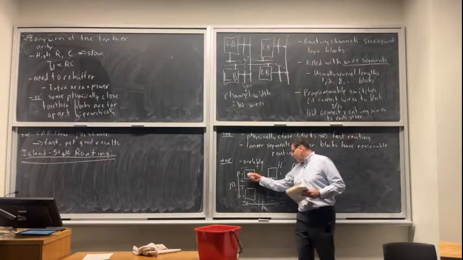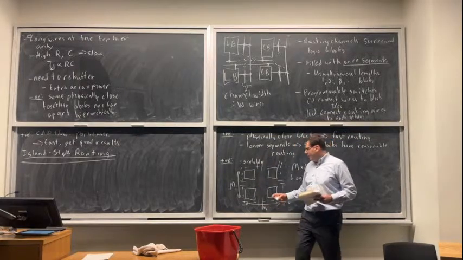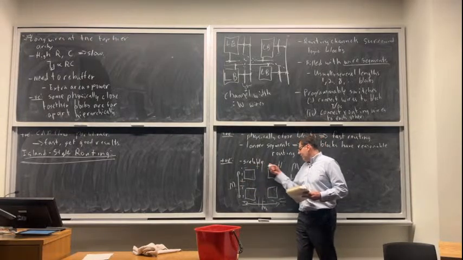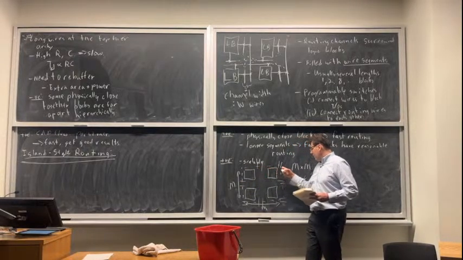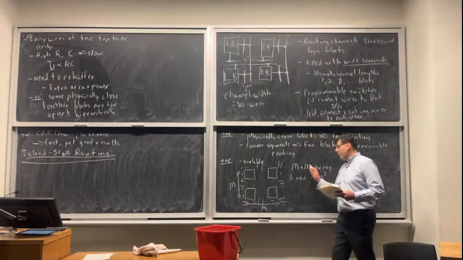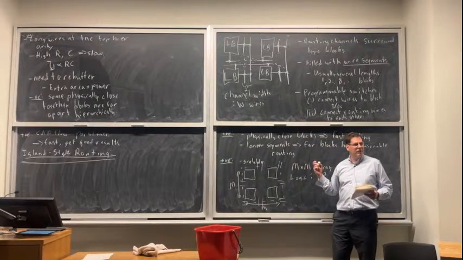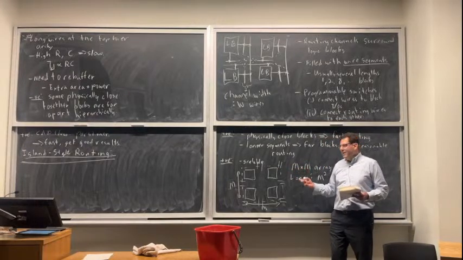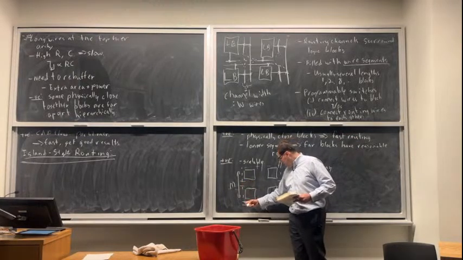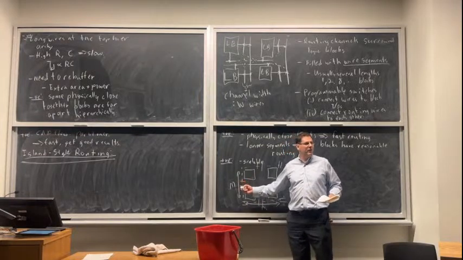Every logic block comes with a routing channel that goes beside it vertically and another routing channel below it that goes horizontally. So if I look at this side, I get 1 vertical routing channel, 2 vertical routing channels for M equals 2. And if I made M 4, I would get twice as many, 4 vertical routing channels. Does that make sense? If I do the same thing for the horizontal routing channels, there's 1 below, another 1 below here, so I get 2 on this side, and in general, I get M on this side.